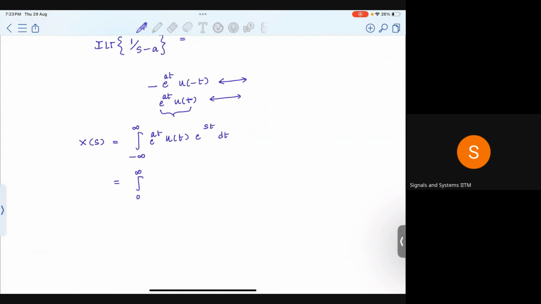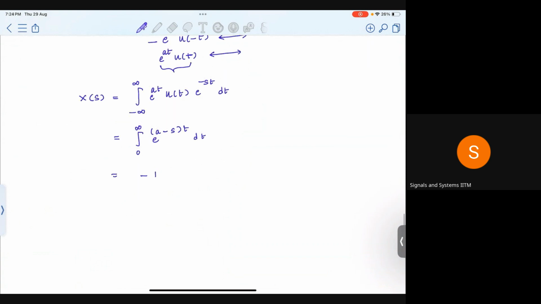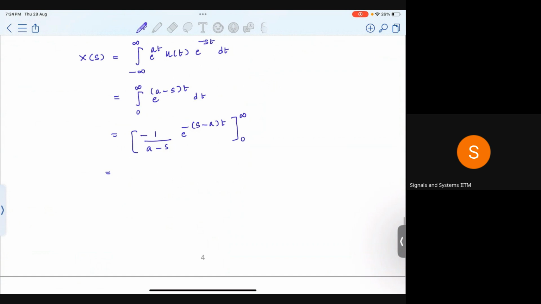So when you try to do that for this particular problem, this is the integral from 0 to infinity of e power (a minus s)t dt, which is minus 1 over (a minus s) times e power minus (s minus a)t in the interval 0 to infinity, which is simply 1 by s minus a. Correct?